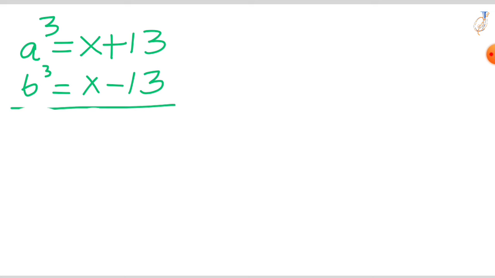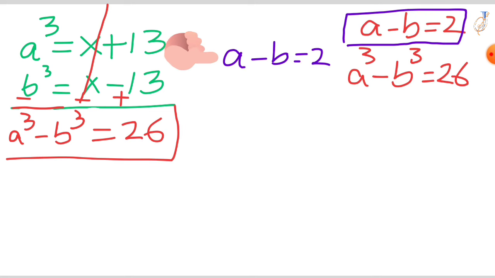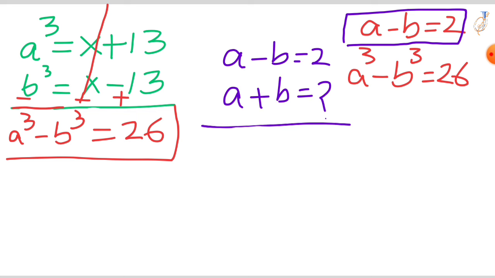Do subtraction, then you will get here minus and here plus. a cube minus b cube is equal to plus x minus x, which gets cancelled. Then you will get plus 13 plus 13 is 26. We know a minus b equals 2. If we find the a plus b value, using the elimination method we can find the a and b values.